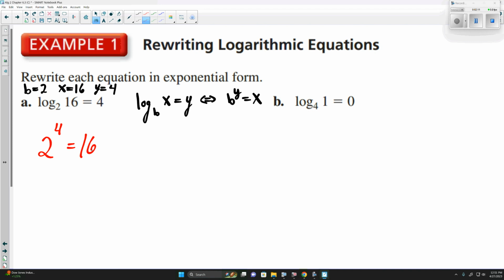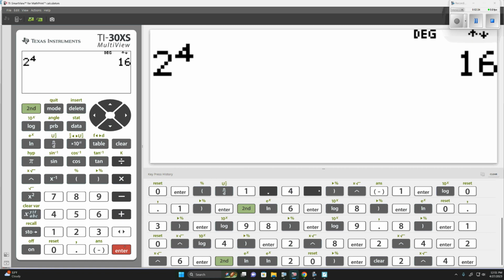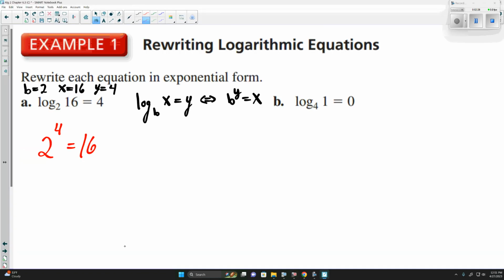Now the next one, well, actually before we go to the next one, 2 to the 4th equals 16 is what we have, yes? Now with these here, since they're all just numbers, we can actually check this. So in a calculator, I can say 2 to the 4th is 16. So it does give us a true statement. Now for the next one, our base is log base 4.